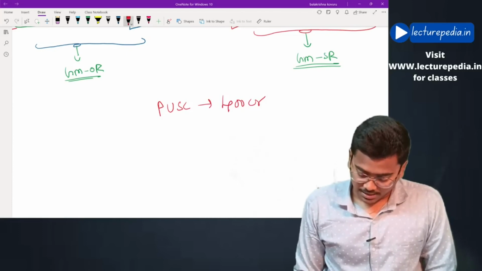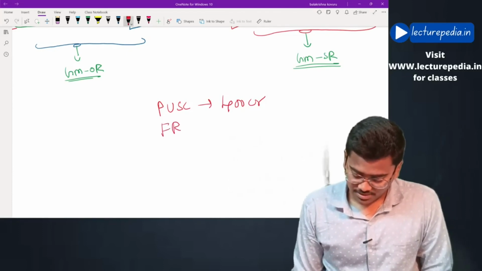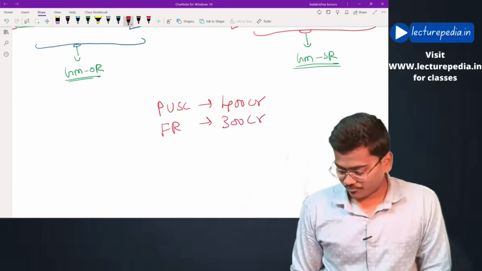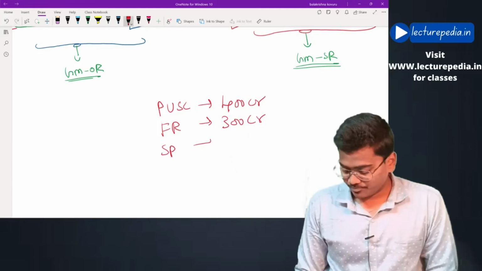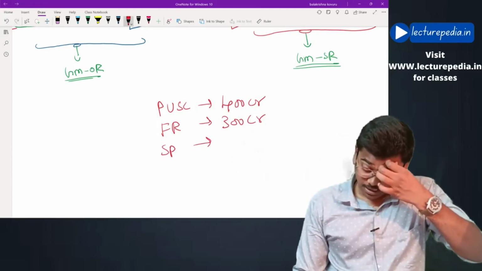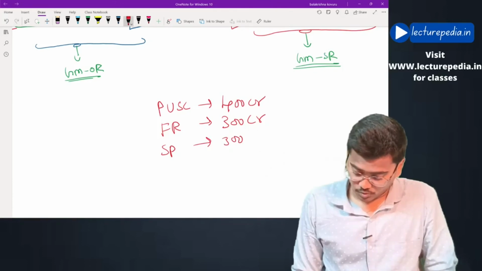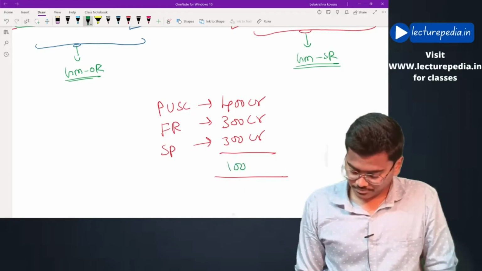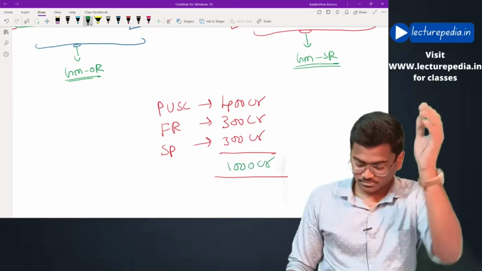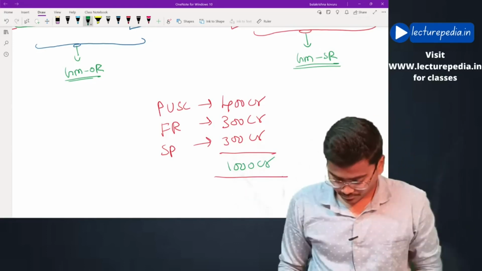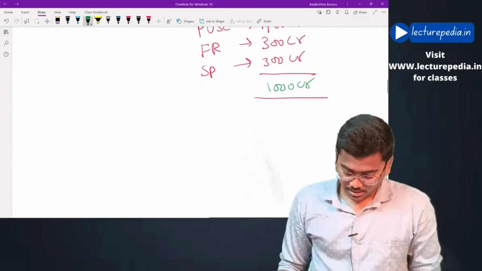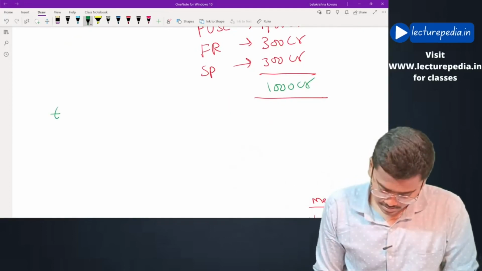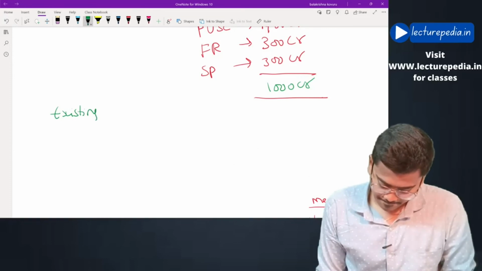And free reserves of the company are some 300 crore, and securities premium of the company are some another 300 crore. Thereby this total is 1000 crores. Now company is already having existing borrowing.